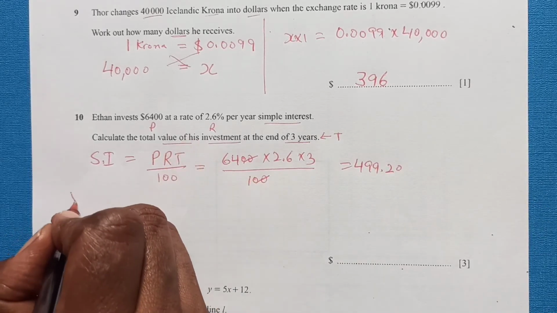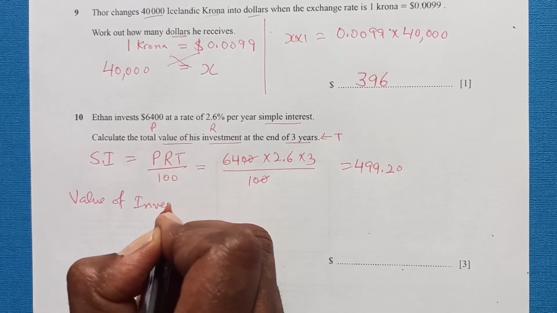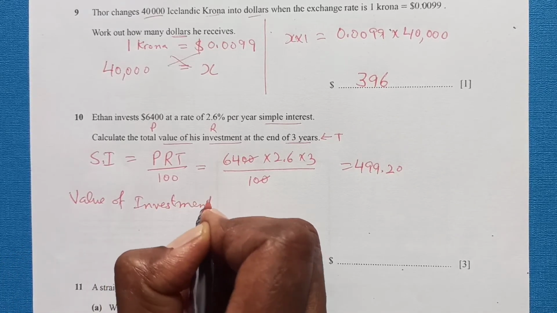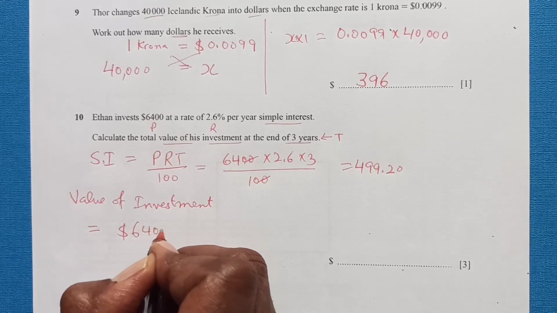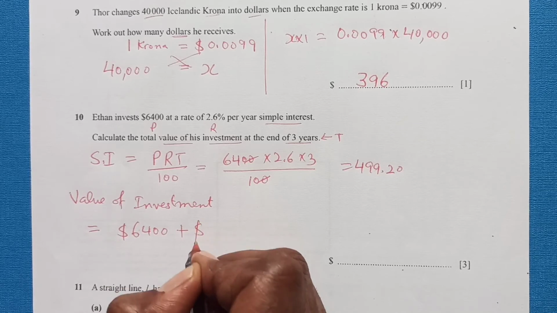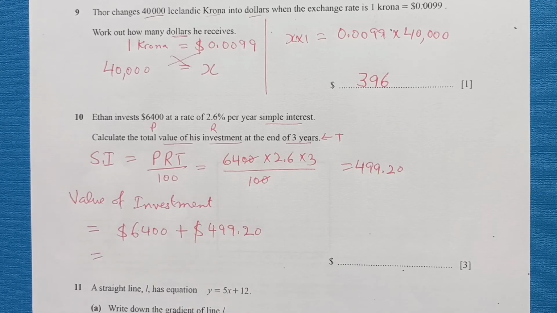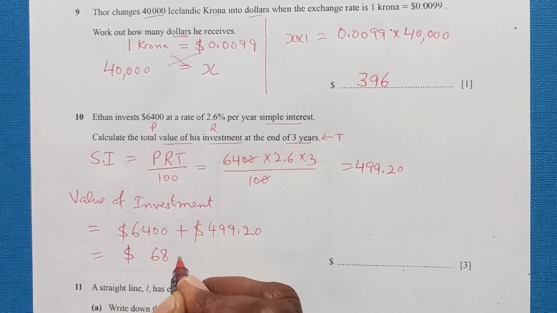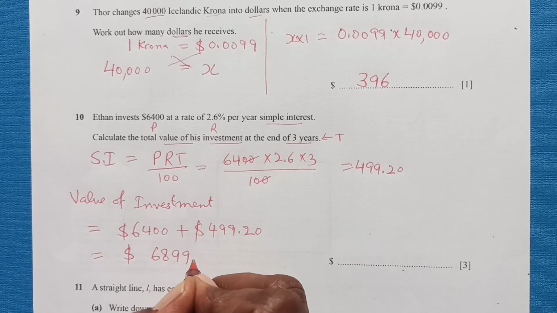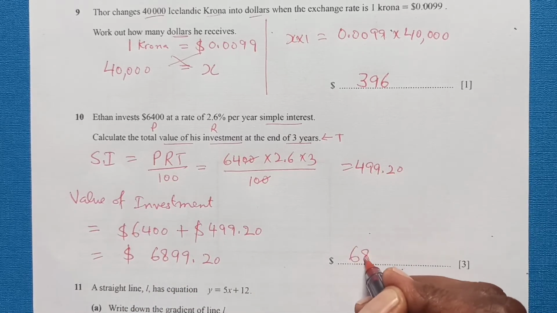So the value of the investment after 3 years will be the 6,400 he had before plus the $499.20 interest he is getting. When you add this, you get $6,899.20. So this will be our final answer.